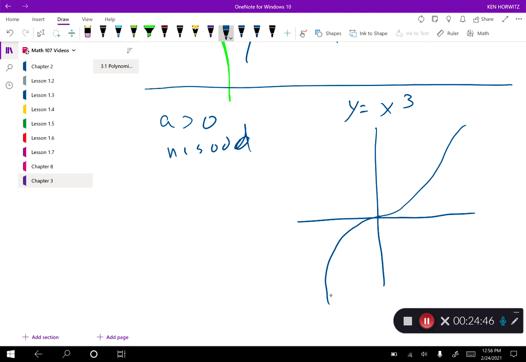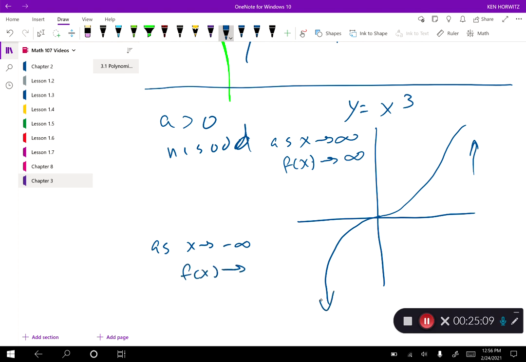So as x approaches infinity, what happens to the y value? F of x, we see it goes up, up, up, infinity. And as x approaches negative infinity, we see the y values go down, down, down. So negative infinity.